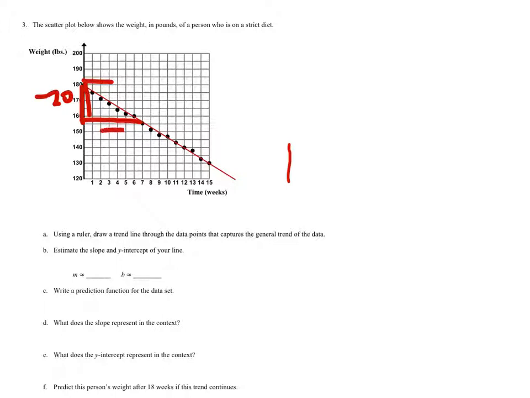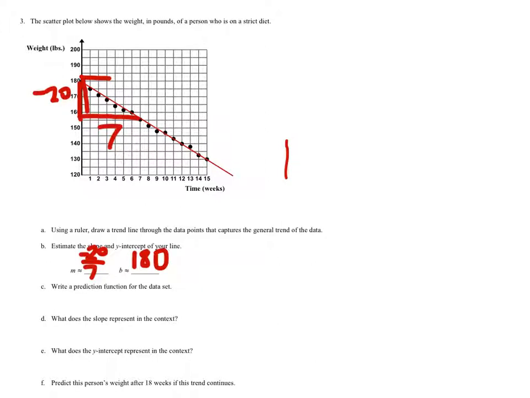So, from there, we can find that it is negative 20 over 7. Am I doing this right? And that does not simplify down. And then the Y-intercept would be 180.